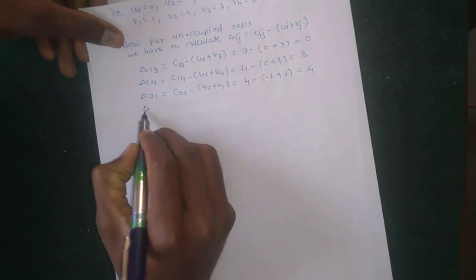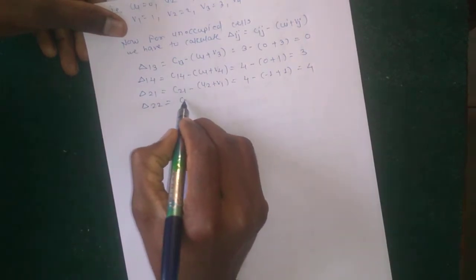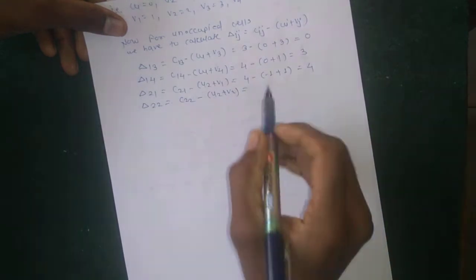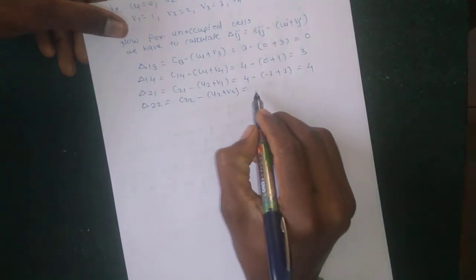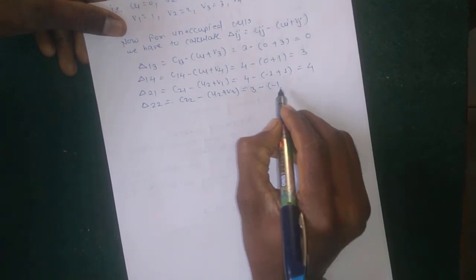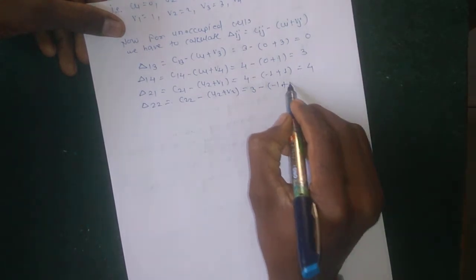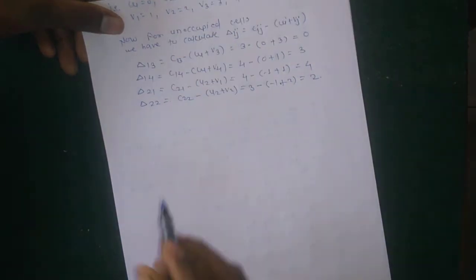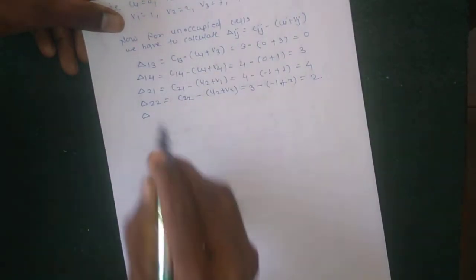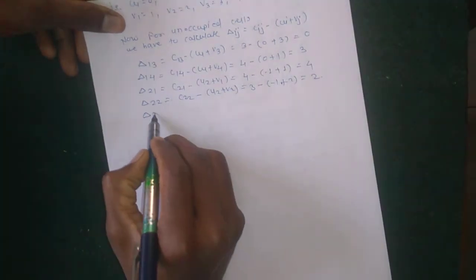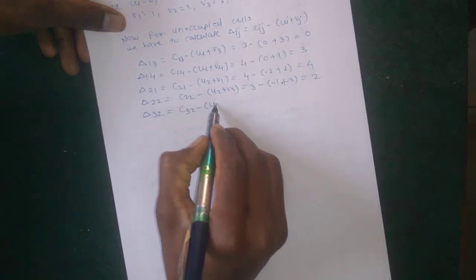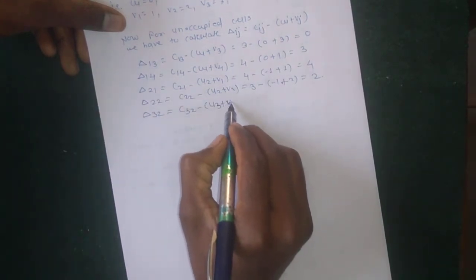Then delta 22 is equal to C22 minus (u2 plus v2). C22 is 3, minus (the value of u2 is minus 1 plus v2 is 2), so 3 minus 1 is equal to 2. Then next, delta 32 is equal to C32 minus (u3 plus v2).